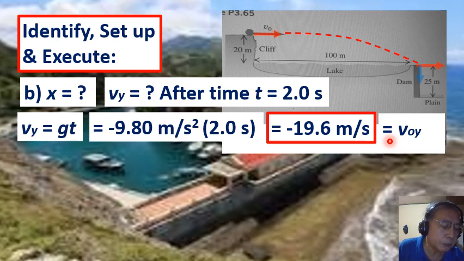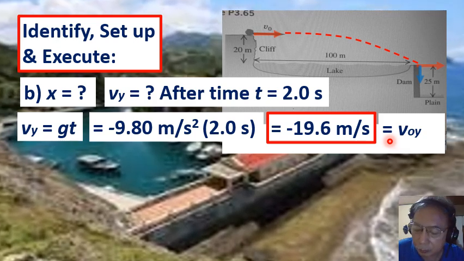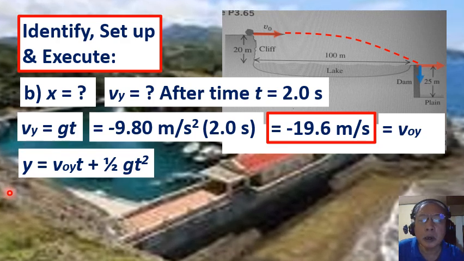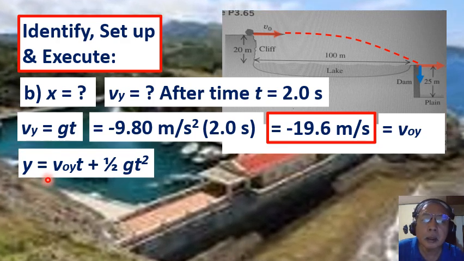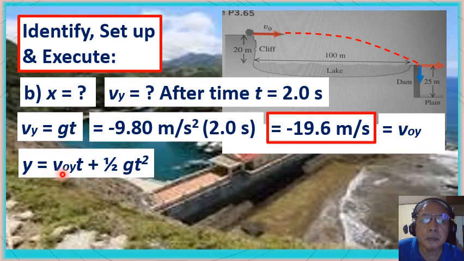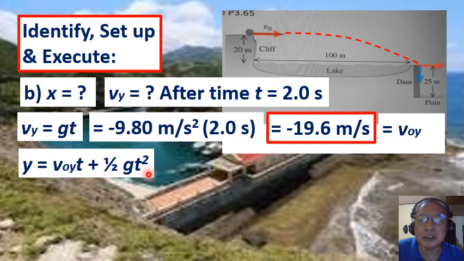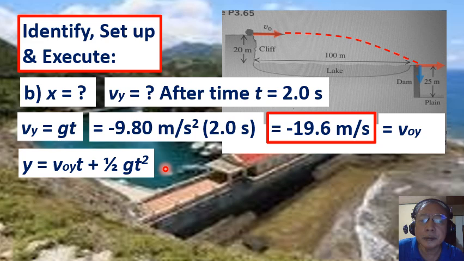So we can use the equation Y equals V sub not Y times the time t plus 1 half gt squared, all right?